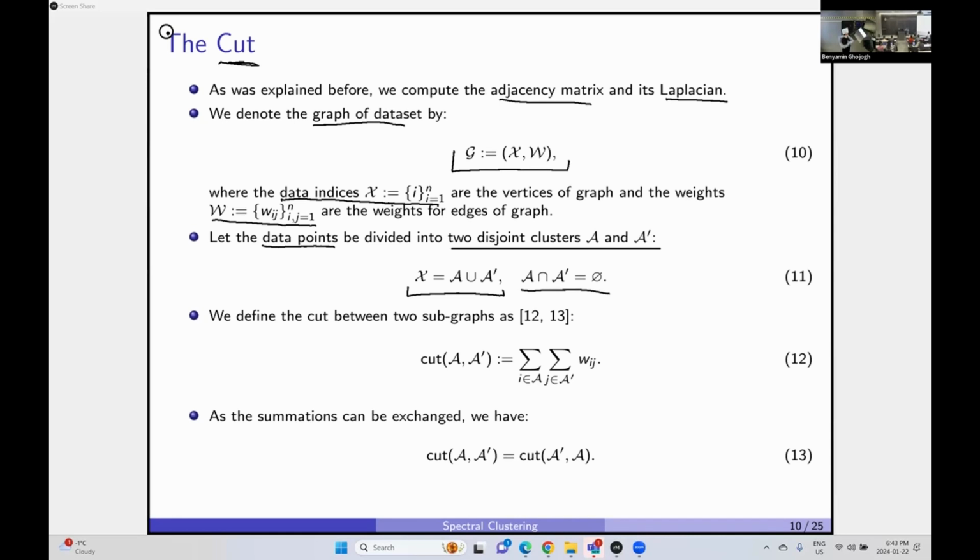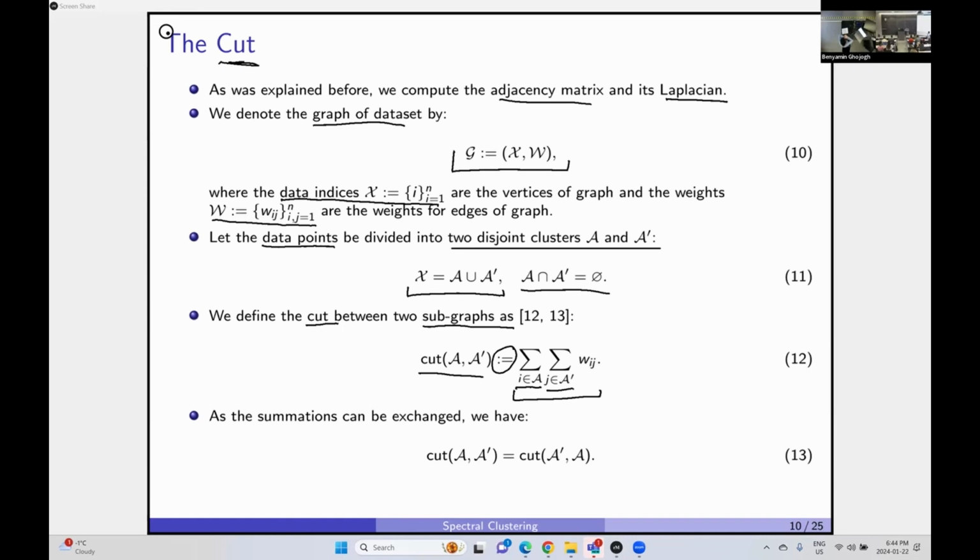Basically, I'm dividing my data points into two parts. We define the cut between two subgraphs as this. This is a definition: the cut between A and A prime is a double summation over w_ij, over i and j, where i belongs to A and j belongs to A prime.